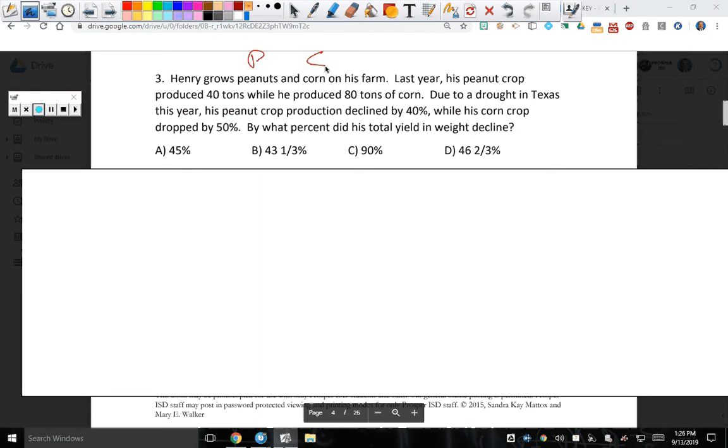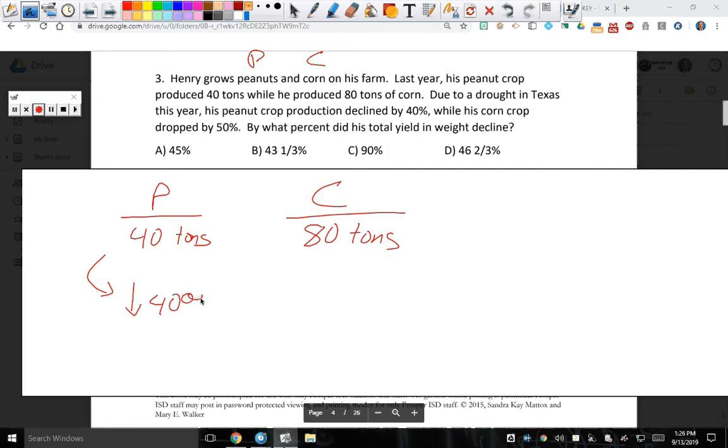Last year his peanut crop produced 40 tons, and corn got 80 tons. Due to a drought in Texas this year, the peanut crop declined by 40%, and the crop for corn declined by 50%. By what percent did his total yield in weight decline? Shane, how would you approach it?